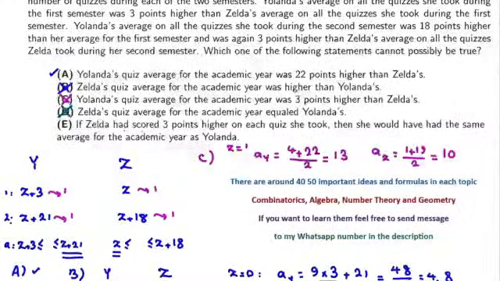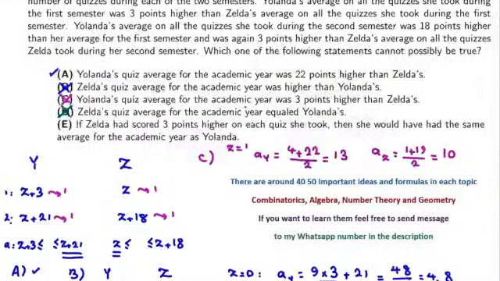Last one. If Zelda had scored 3 points higher on each quiz she took, then she would have had the same average for the academic year as Yolanda. Okay, if all of them are 3 more, the average will be 3 more. And at the end, it says would have had the same average for the academic year as Yolanda.